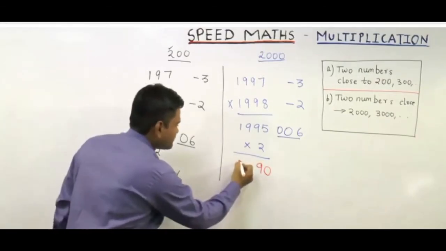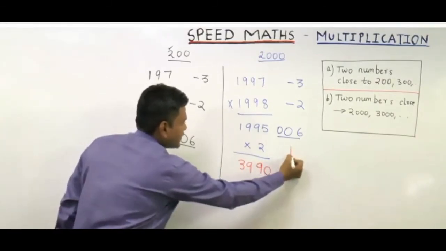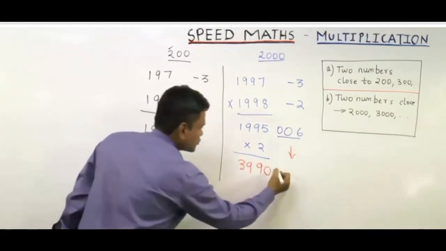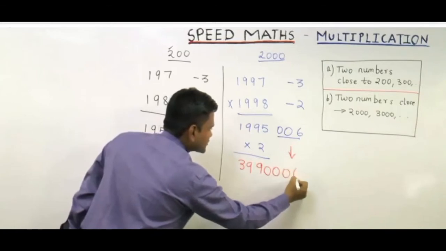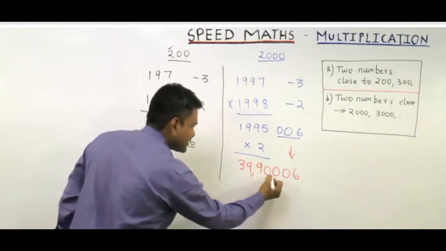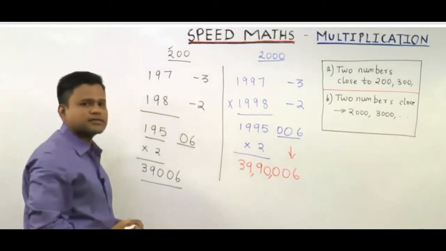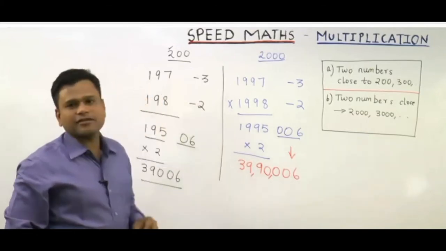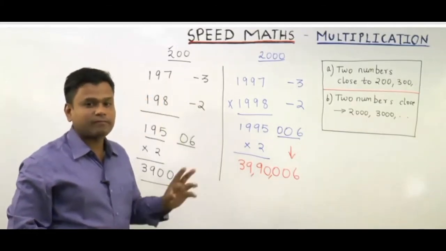So this is 39. Bring it down as it is. That part is undisturbed. So you have 006. This is the answer which we get, and we say that we have 39,90,006 is the value when you multiply 1997 into 1998. Such a big number.